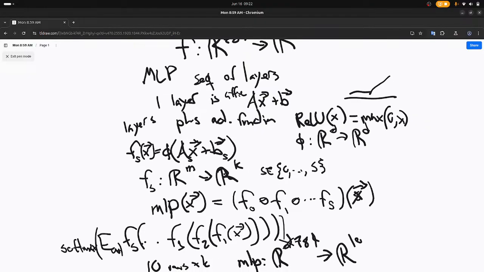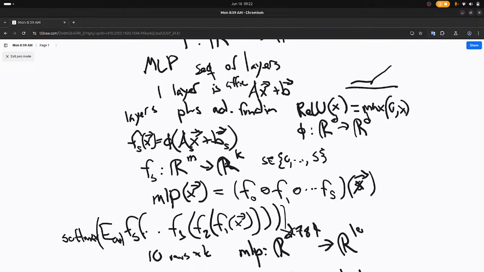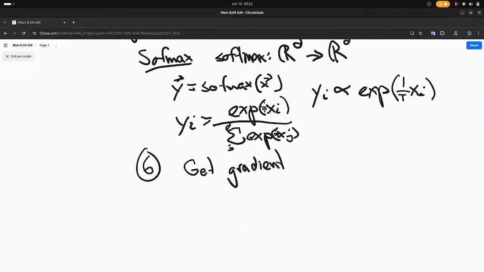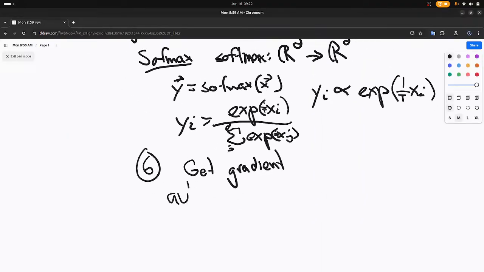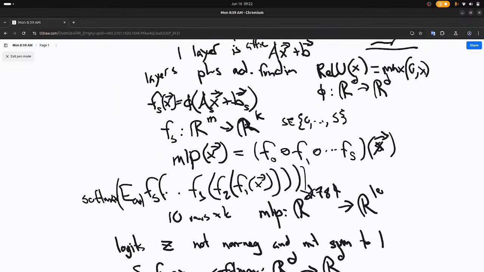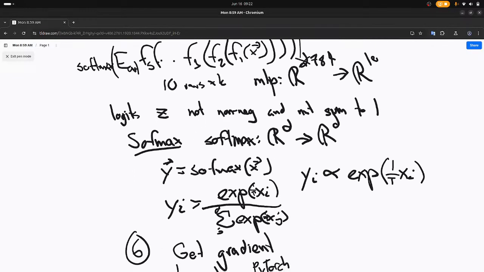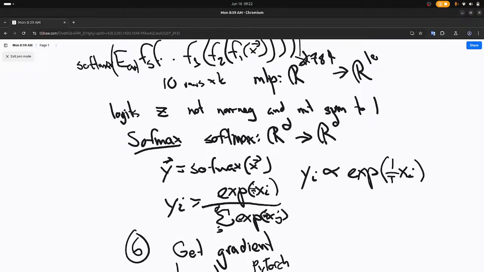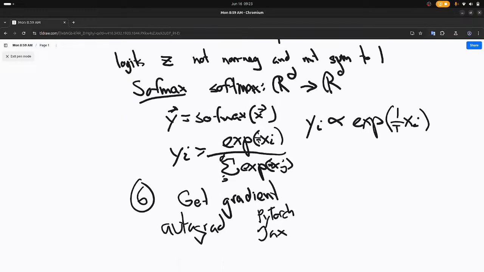And therefore we have this thing called AutoGrad. It's software that exists in PyTorch and in JAX, that if you define your Python function with matrices multiplying each other, applying some ReLU functions, softmax, all these things, then you can have a derivative.